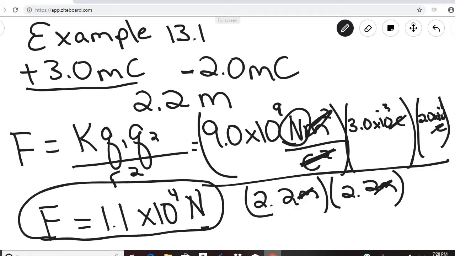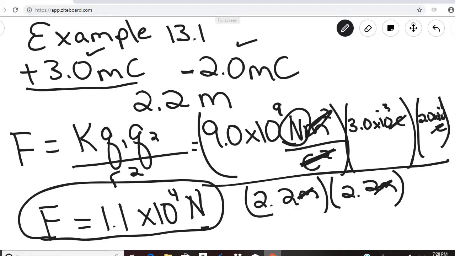And that brings up another important point: when we calculate the electrostatic force between two particles, that force is true only for an instant, because as soon as these two charges are placed in the vicinity of each other, they are going to generate a force that causes the charges to move. In this case, they move toward each other because the charges are opposite.